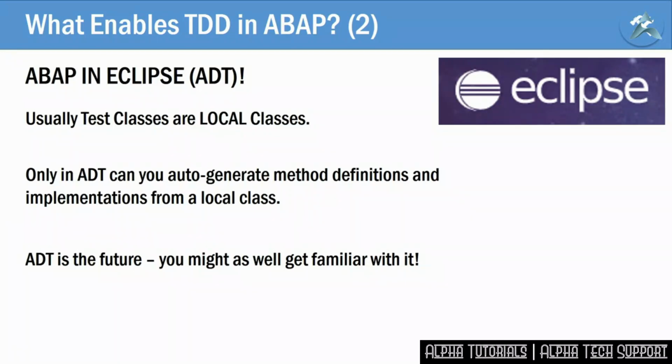In ADT, however, you can use a quick fix to create an empty skeleton for both the definition and implementation of the not yet created method, plus the signature of the created definition will be correctly typed based on the variables you're passing in, which is one up on the way SE80 creates empty form routines.